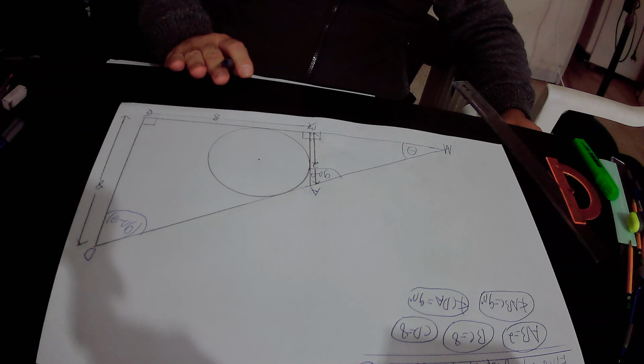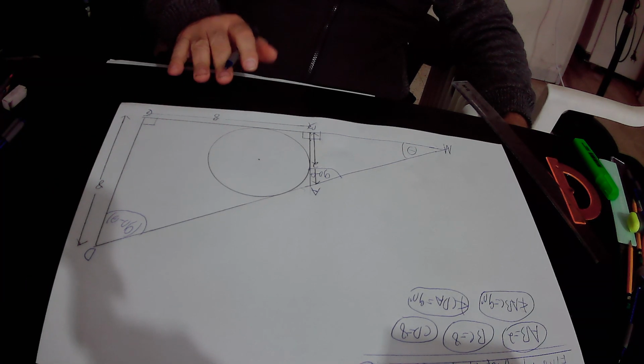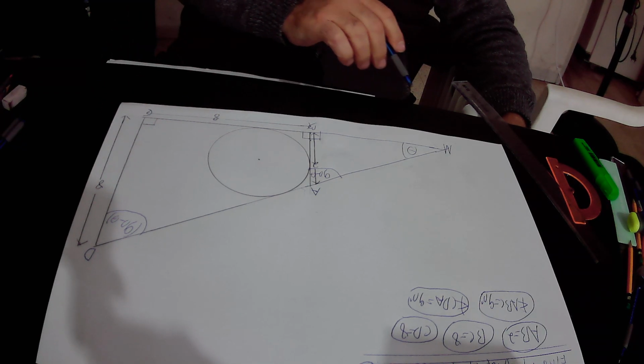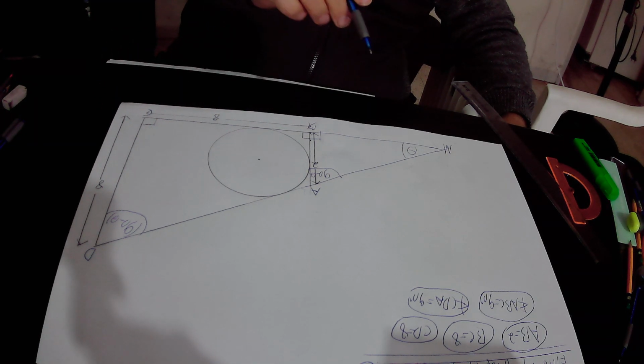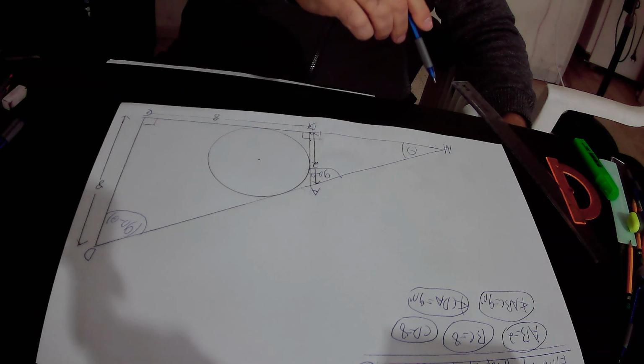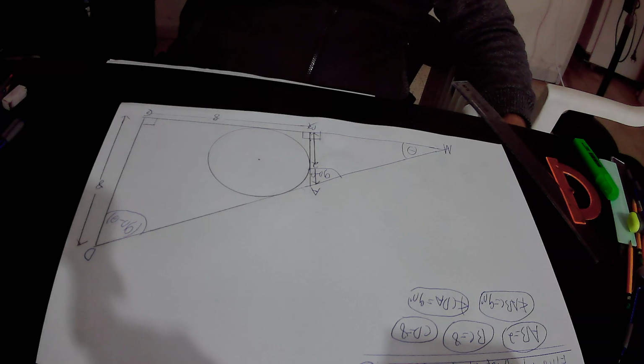In the next step, we'll prove that the right big triangle DCM is similar to the right small triangle MBA. Okay, so write it down.